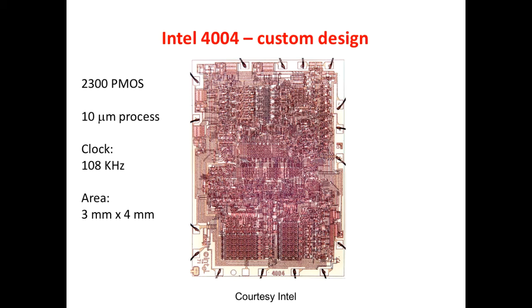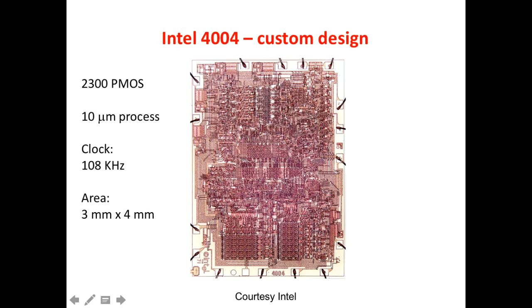We already discussed some of the properties of this design. The important thing to notice here is that all of the chip was done by hand, and you can see that it is very irregular. We have two very regular regions, this one and the other one, that are most probably memory blocks inside, and the rest is not regular at all.